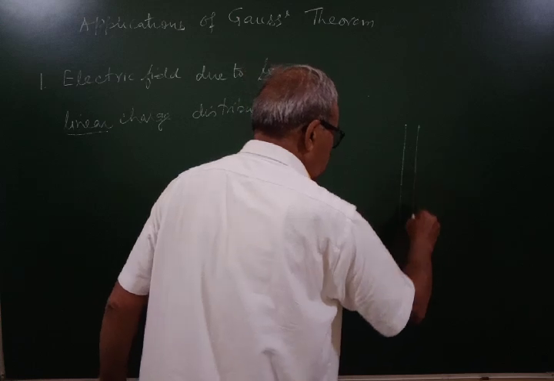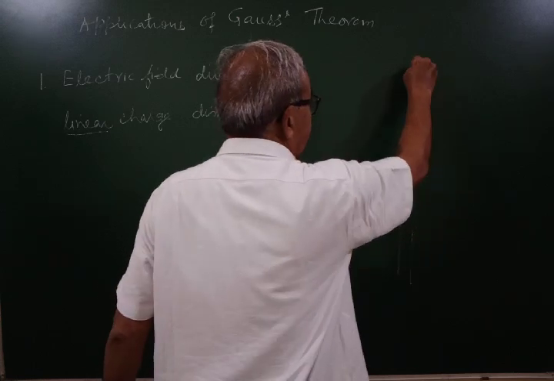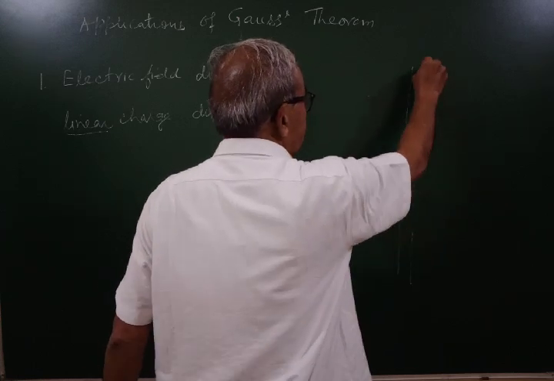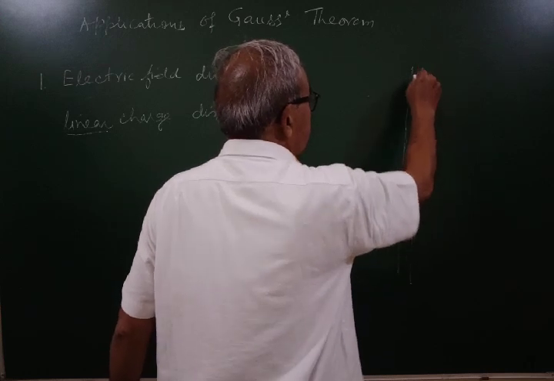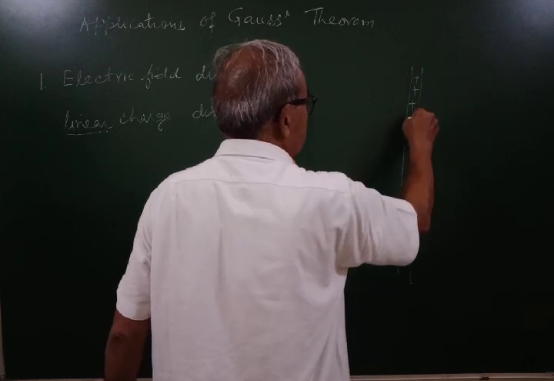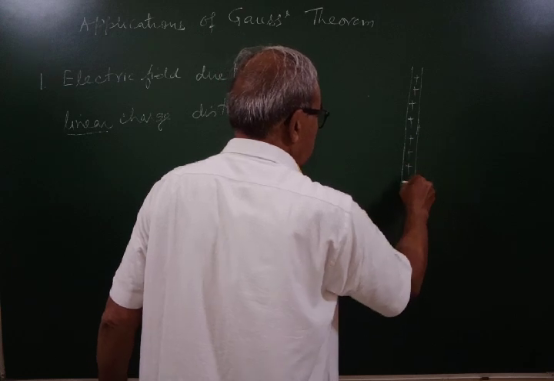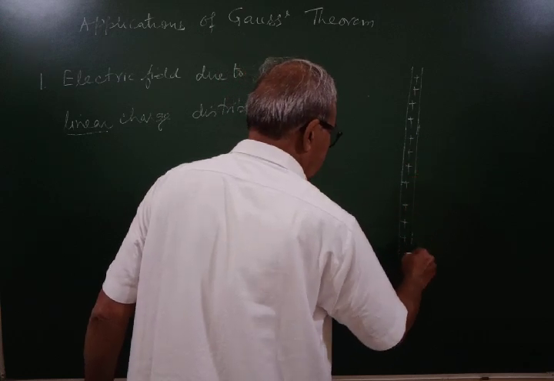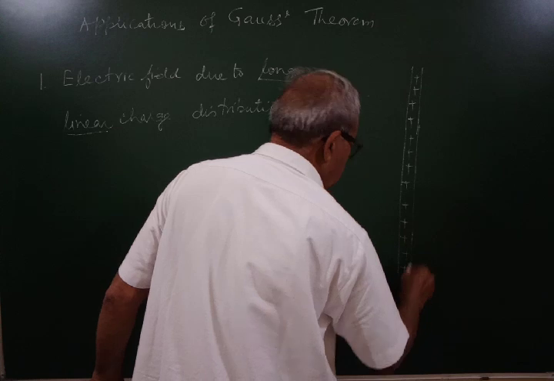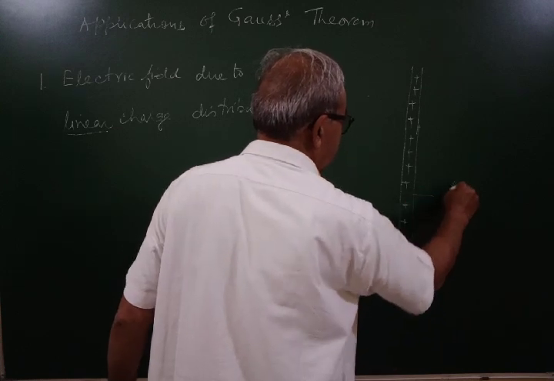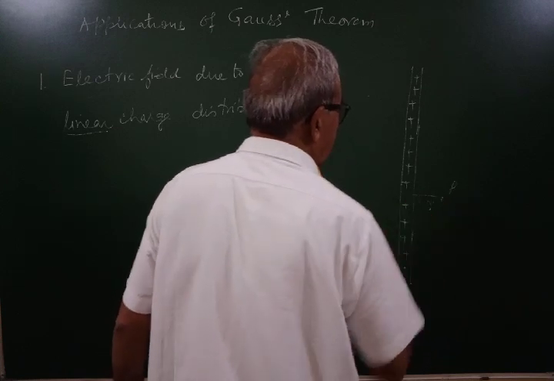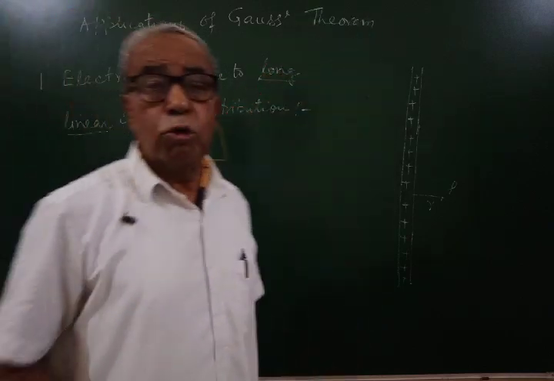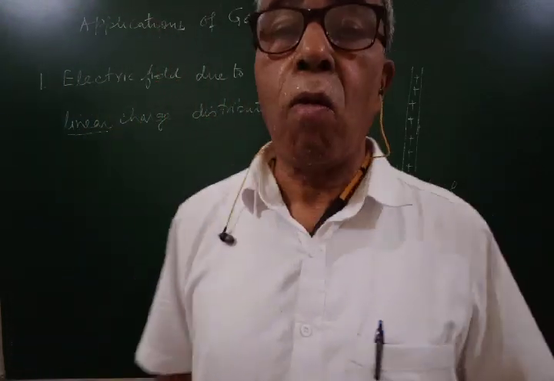I am making it a little wider just for clarity. Here positive charge is distributed over the line. You want to find out the electric field at a distance close to its point P here. With respect to distance R, the line is supposed to be infinitely long.